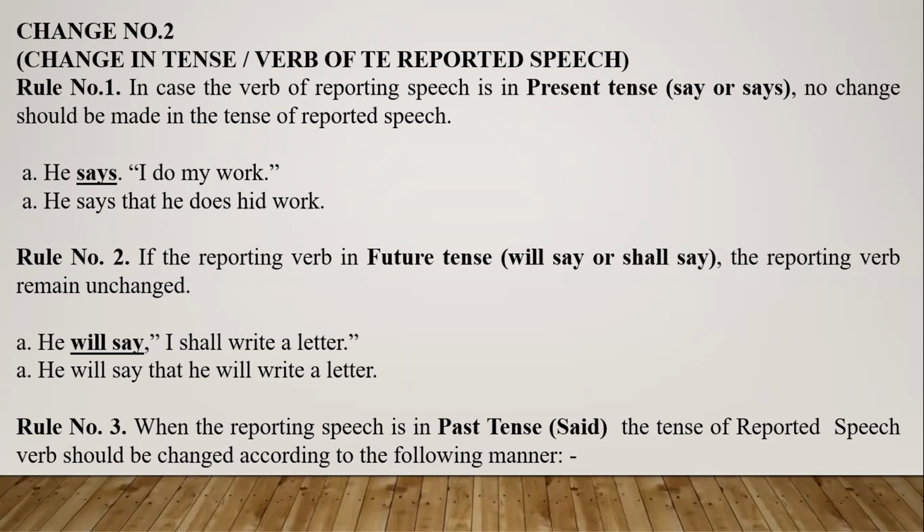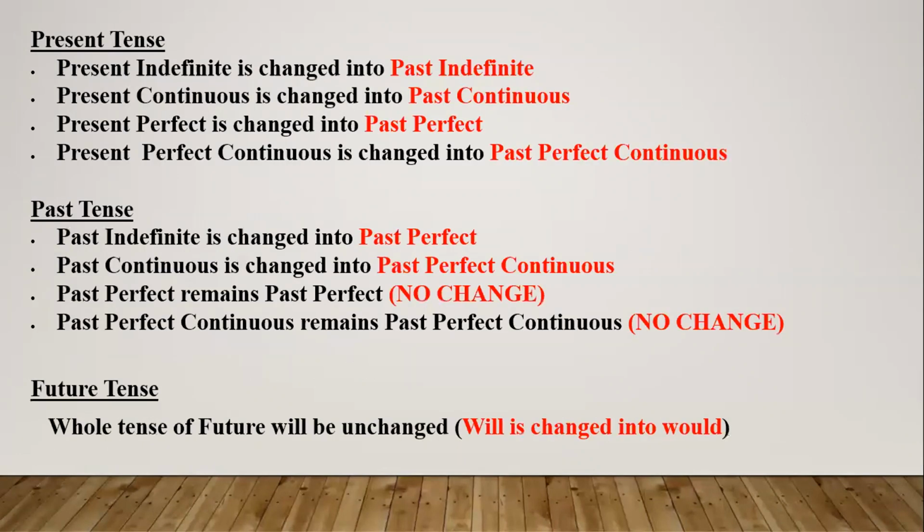Write a letter. Number three: when the reporting speech is in past tense, like said, the tense of the reported speech verb should be changed in the following manner, which I have already discussed with all of you. If we see, for example, second form in reporting speech, we have to change the tenses according to this slide. All present tenses will be changed into past tense.